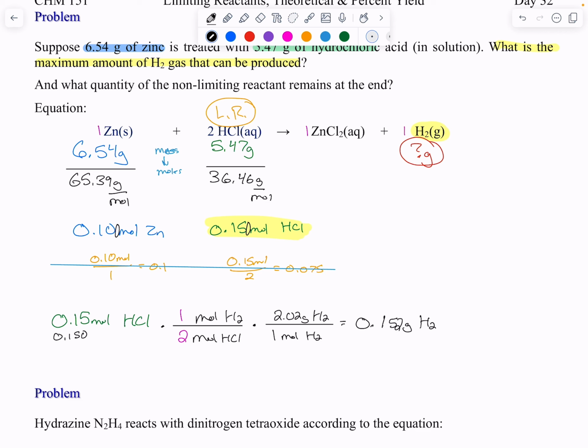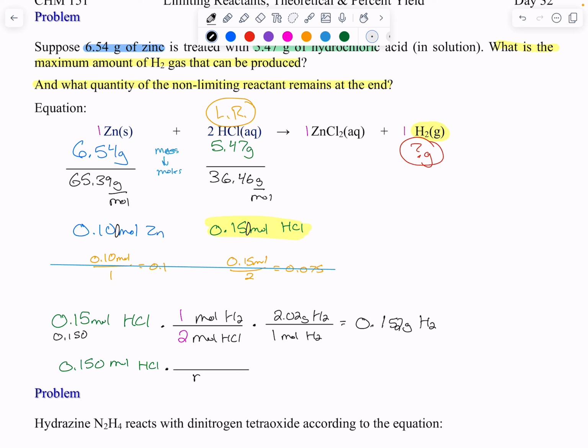All right. And so then the next question is, what is the non-limiting reactant at the end? So what do we have to do here? Looks like we have to start with our moles of limiting reactant, figure out how much zinc reacts. So we'll take our, that's a highlighter. We'll take our 0.150 moles of HCl.